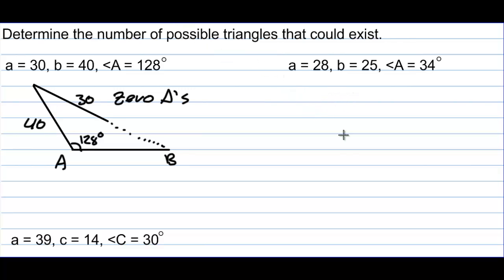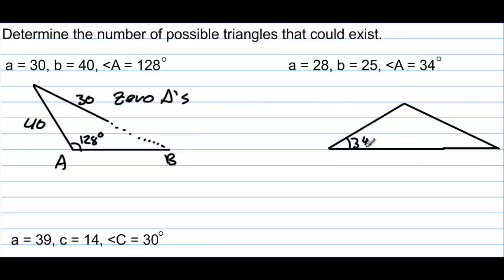In the next one, we have an angle of 34 degrees. Let's say it's about there. And this is the ambiguous case, so I'll just drop it right there. Actually, it's going to be longer than the other one. So let's pretend there is a triangle. We'll find out in a second here.